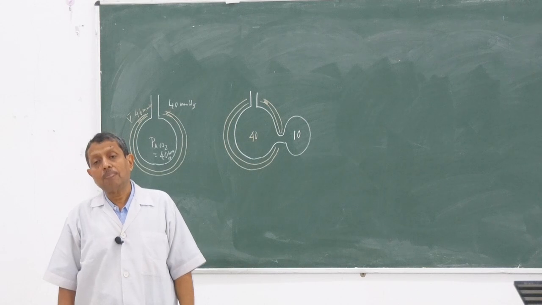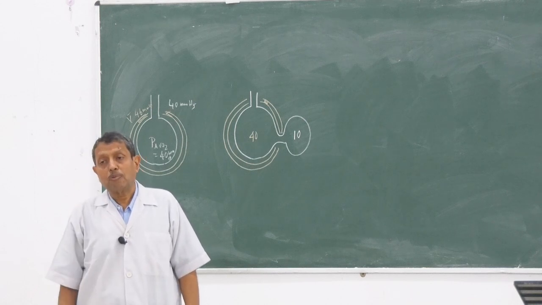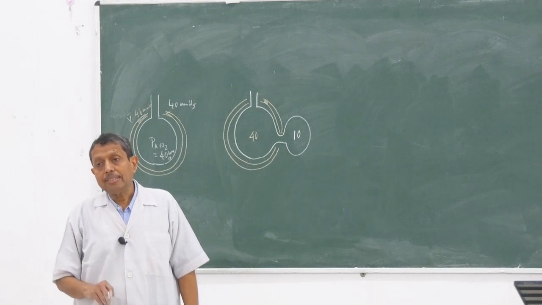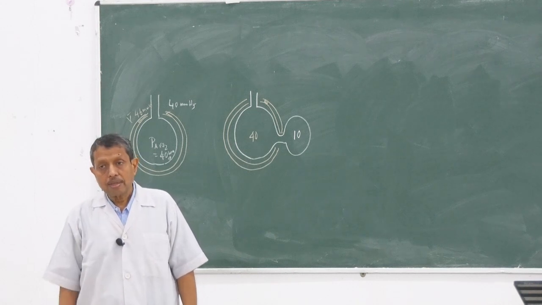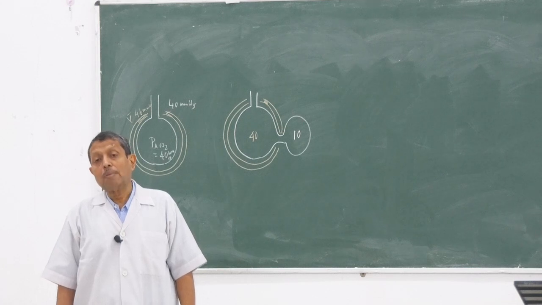But whenever there are some alveoli that are overventilated or underperfused, then things change. So total ventilation is different from that of the ideal situation.